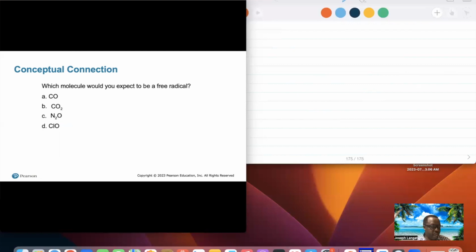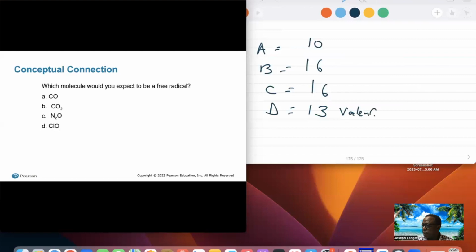If I look at A, adding the number of electrons in A, this will have 10 electrons. B will have 16 electrons, C will have 16 electrons, D will have 13 valence electrons.